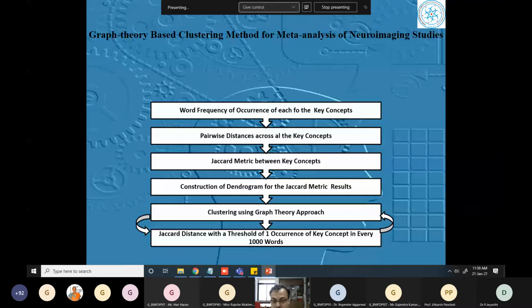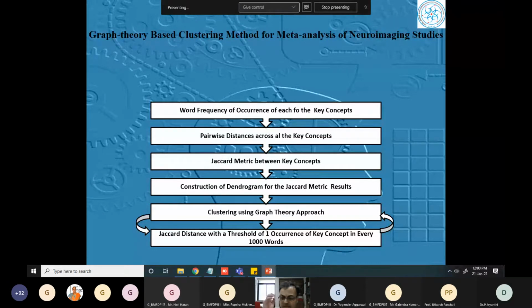Next step, we took our database and identified all the key concepts. Key concept means anything like attention, learning, memory, anything which is not a common word, right? So these are all key concepts in the papers.